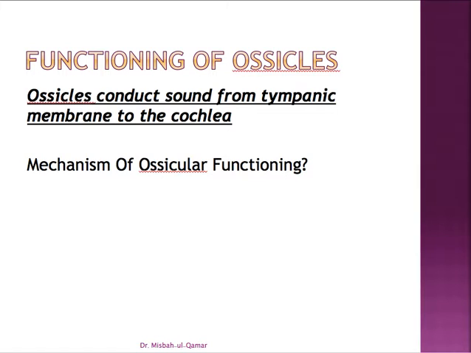And keep in mind that this point of attachment is constantly pulled by the tensor tympani muscle, so that the tympanic membrane is kept taut or tensed. Why is it kept taut? Because this tension allows the sound vibrations on any portion of the membrane to be transmitted to the ossicles.